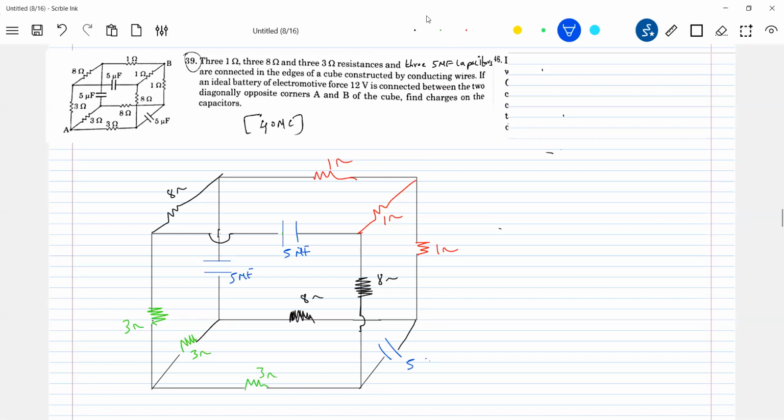It's steady state. So what should be the capacitors? And where the cell is connected, 12 volt electromotive force is connected across the, the EMF of cell 12 volt.